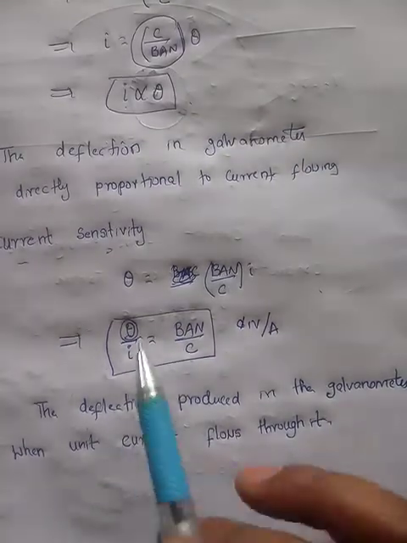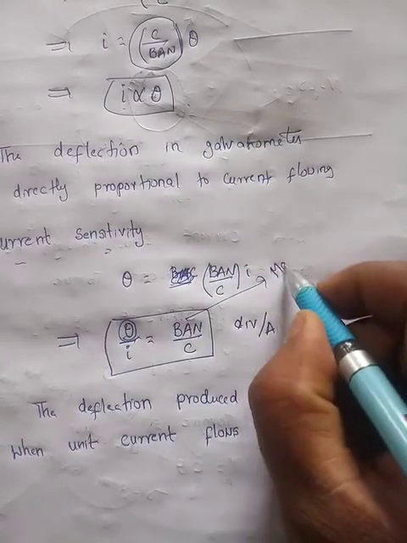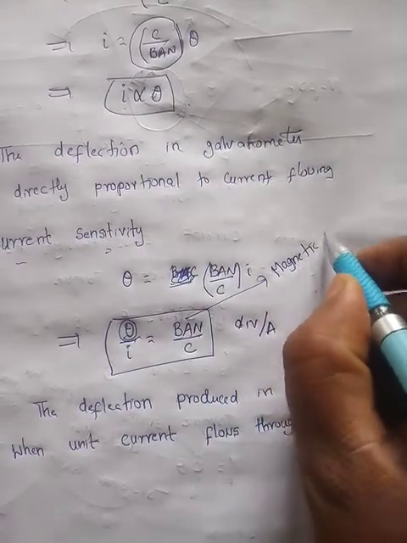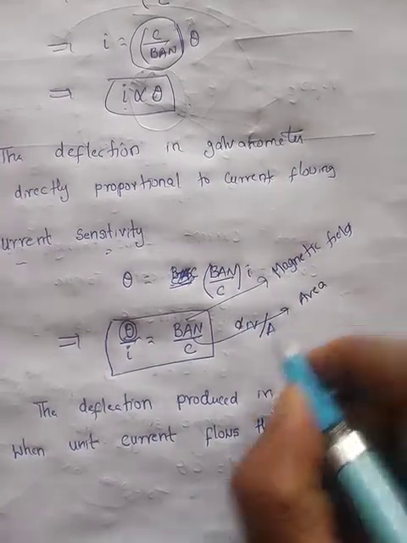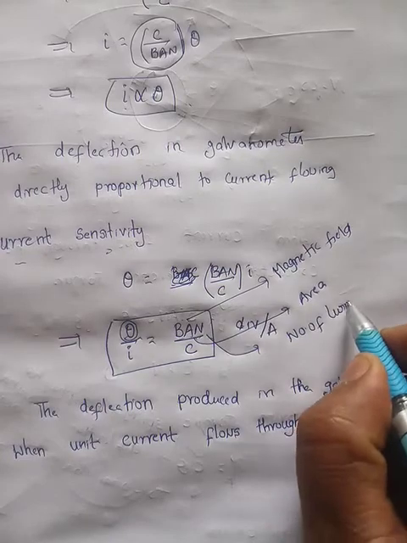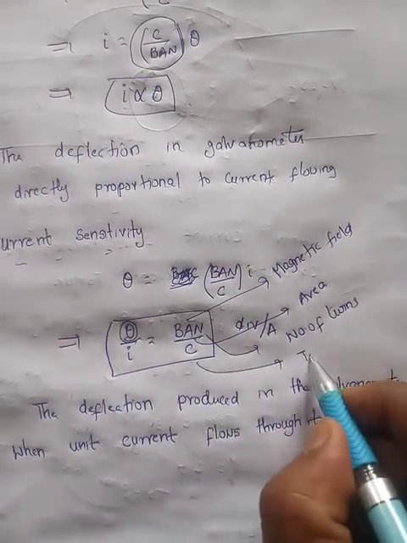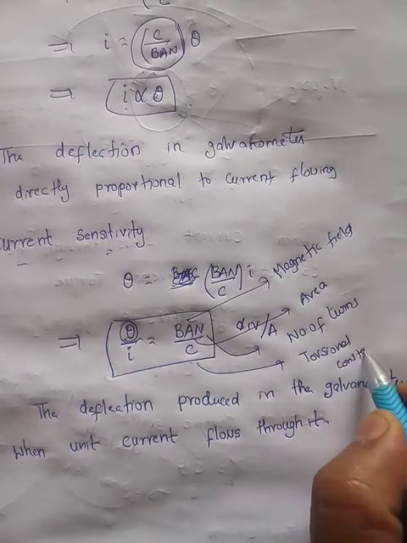Here you can say that current sensitivity depends upon B, the magnetic field; A, the area of cross section; N, the number of turns in the coil; and C, the torsional constant.